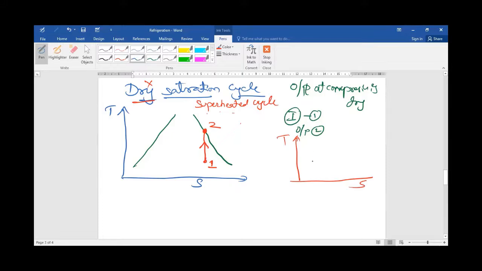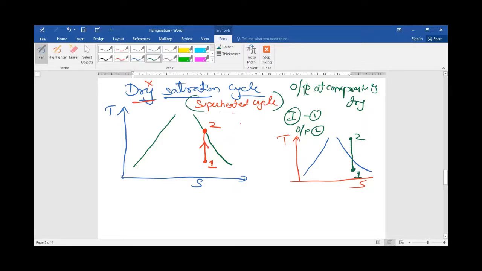It looks like this: saturated liquid line, saturated vapor line, and point number 2 is superheated, somewhere here. So this is point number 2, and 1 to 2 is always a vertical line. You draw one vertical line and it will stop here.